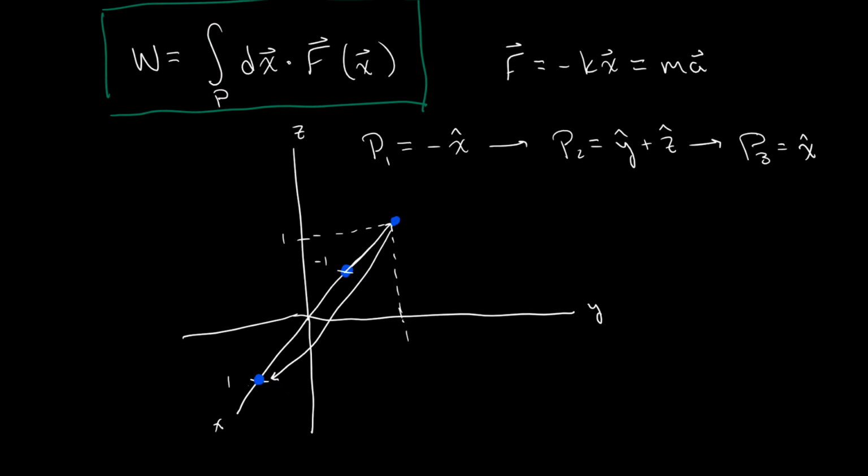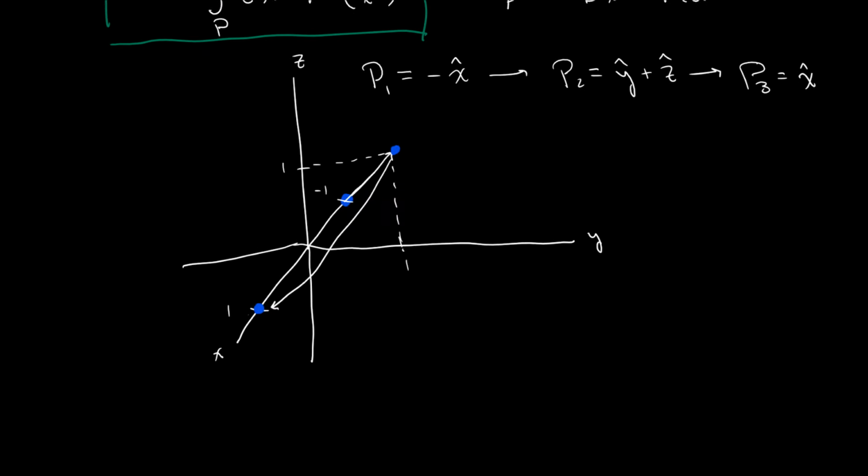Okay, so now we can consider the work as just being the sum of the work done along this first path here. I'll use red. And then plus the sum of the work done along this second path. So I'll call this P12, call this P23.